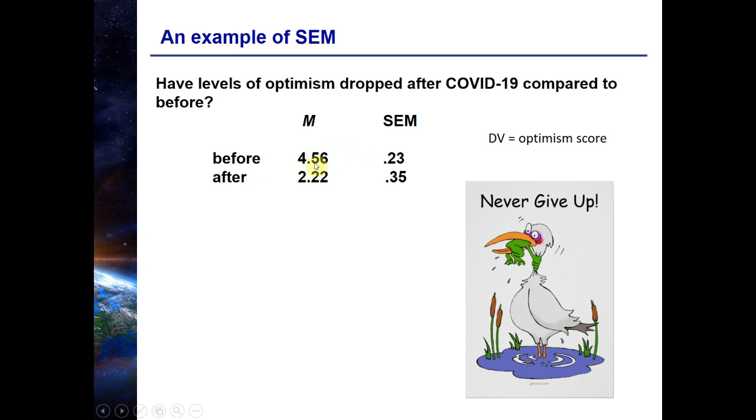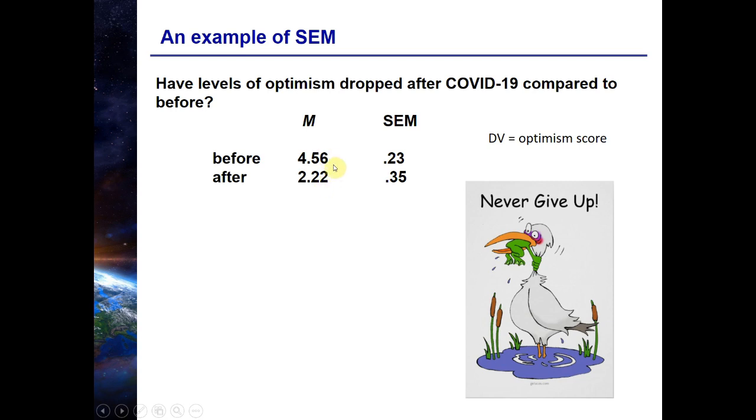Either way, we looked at optimism before, and let's just say that the mean of the people who took the survey before COVID was 4.56. And then we looked at optimism in a separate group of people, but it was after the campus closed, and it dropped to 2.22. All right.